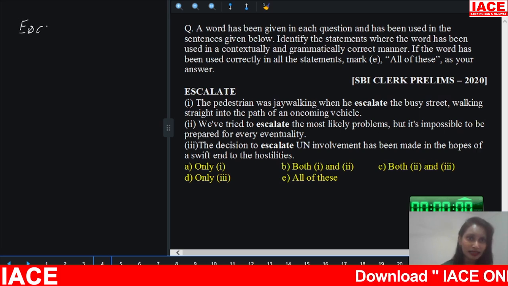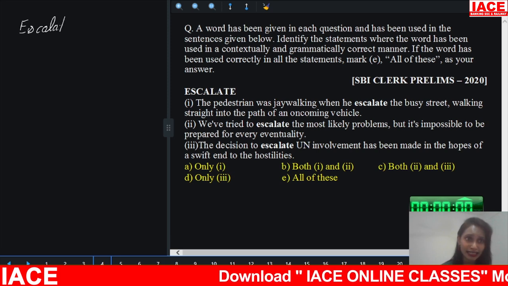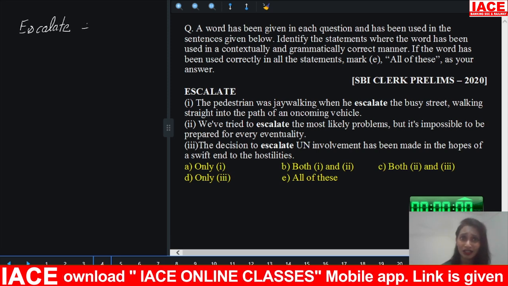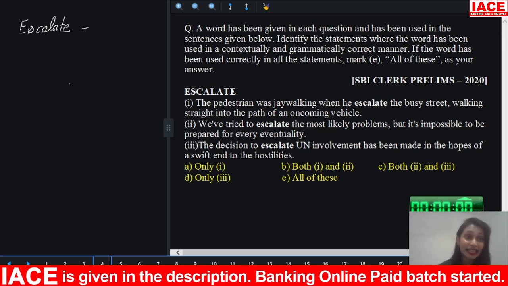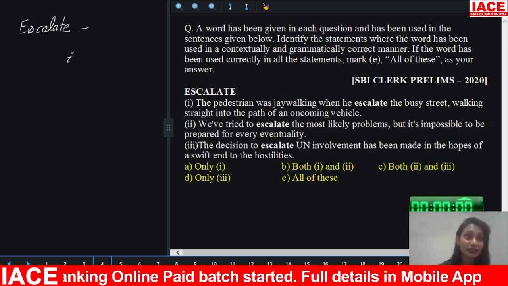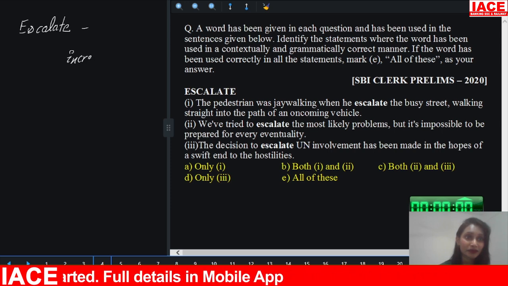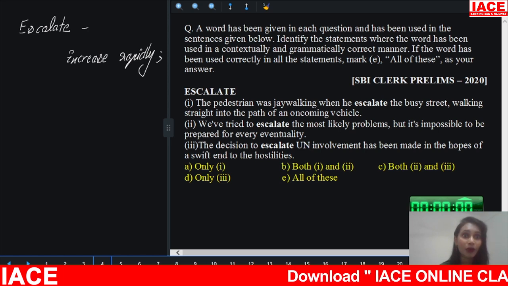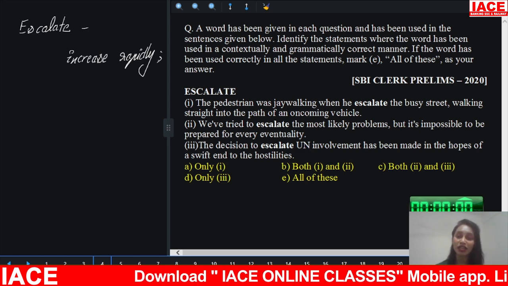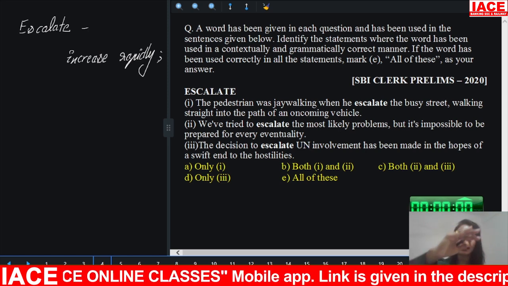So what is meant by escalator? We generally take escalators. So what do they do? They increase rapidly. I'm talking about escalate as a verb. So escalate, one meaning is to increase rapidly.